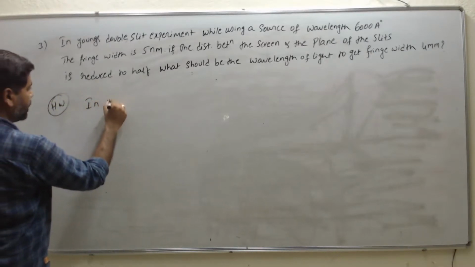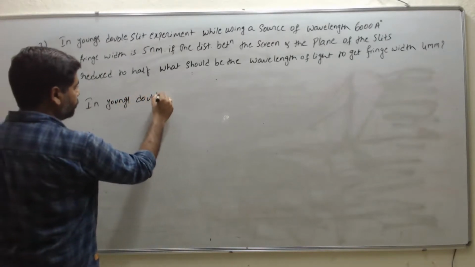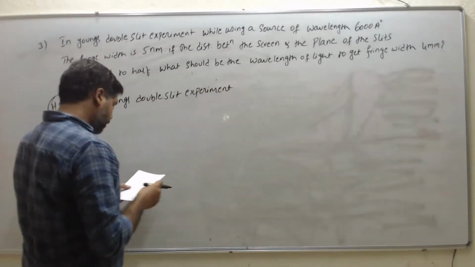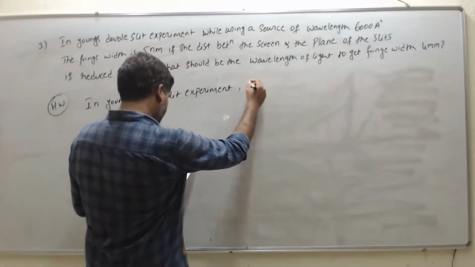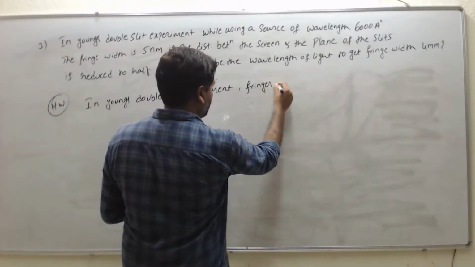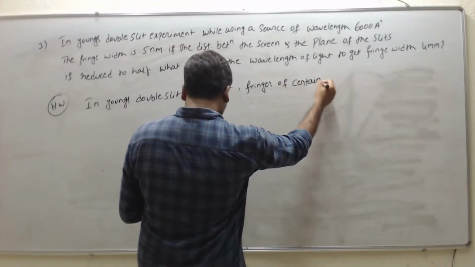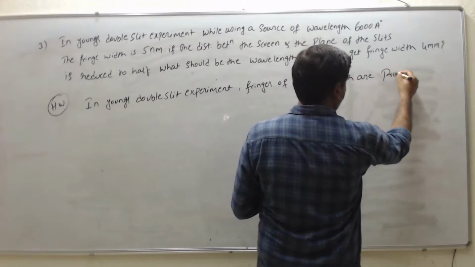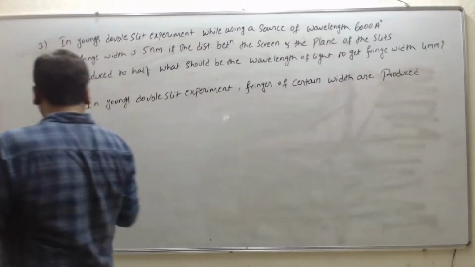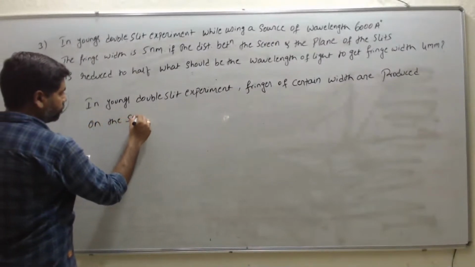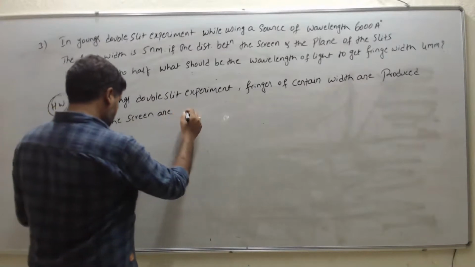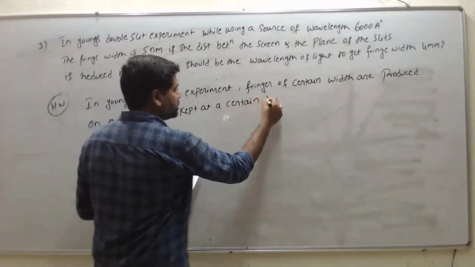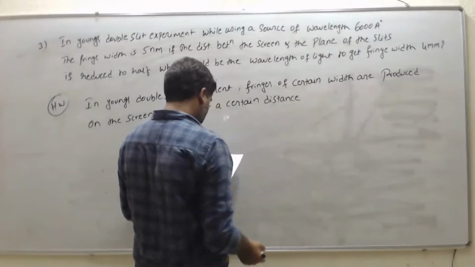In Young's double slit experiment, fringes of certain width are produced on a screen kept at a certain distance from the slits.